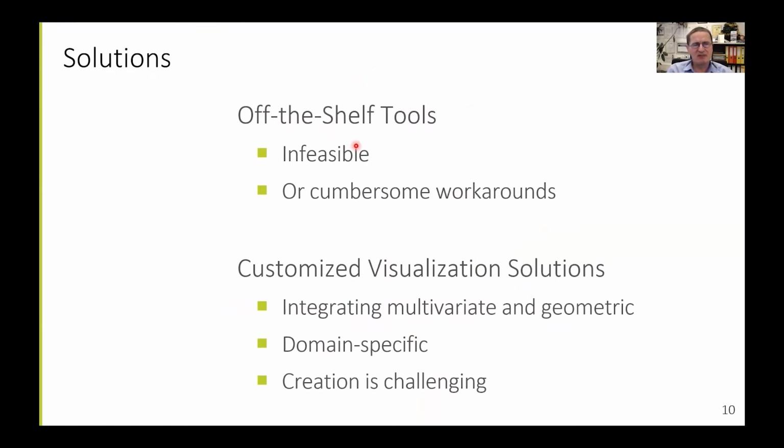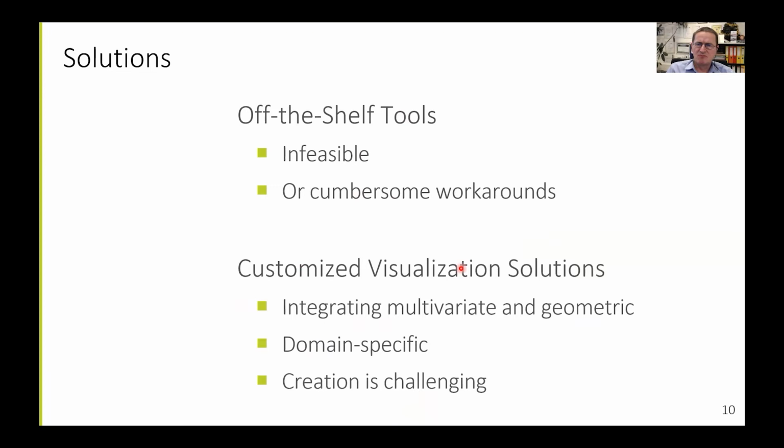So if you look at such specific applications where you have a lot of spatial data, and this data shall be analyzed together with abstract data, for off-the-shelf tools, it's either infeasible, or you need cumbersome workarounds. You have to use several tools, and you have to move the data between them.